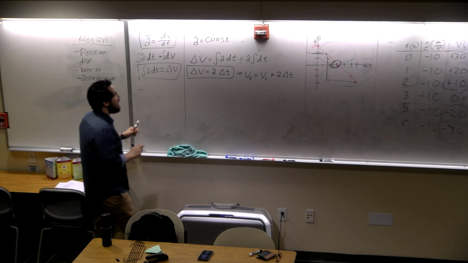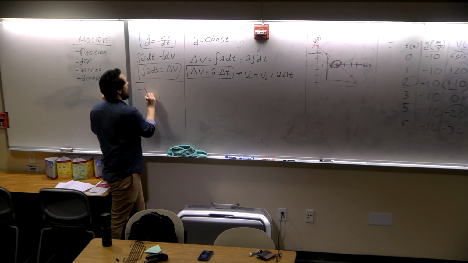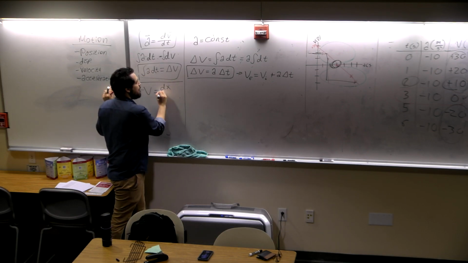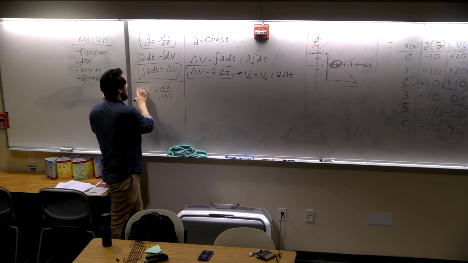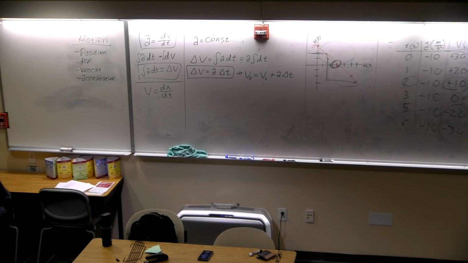We can say that if it is the case that velocity is the derivative of position with respect to time, and that is something that we saw last time and we talked about at the very beginning of lecture today.